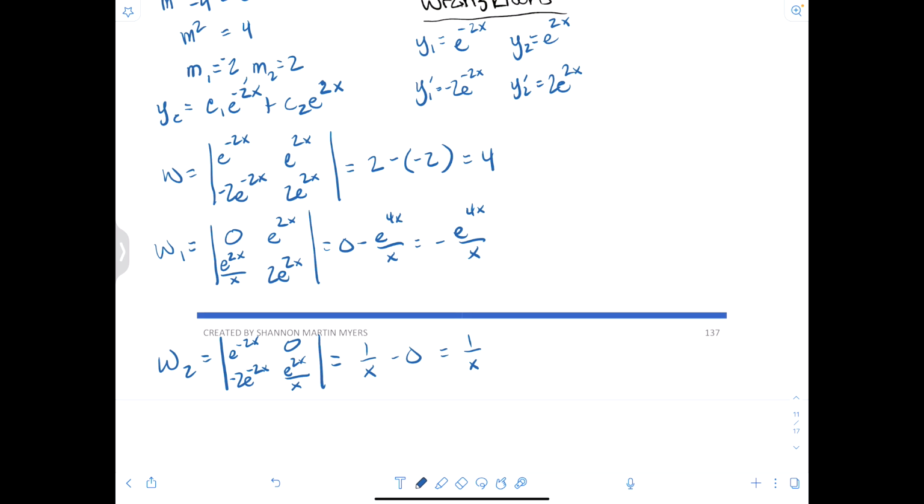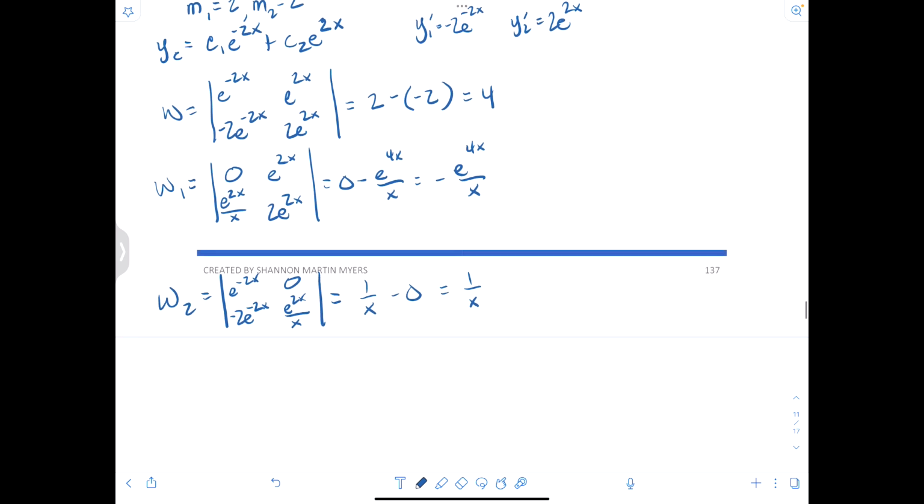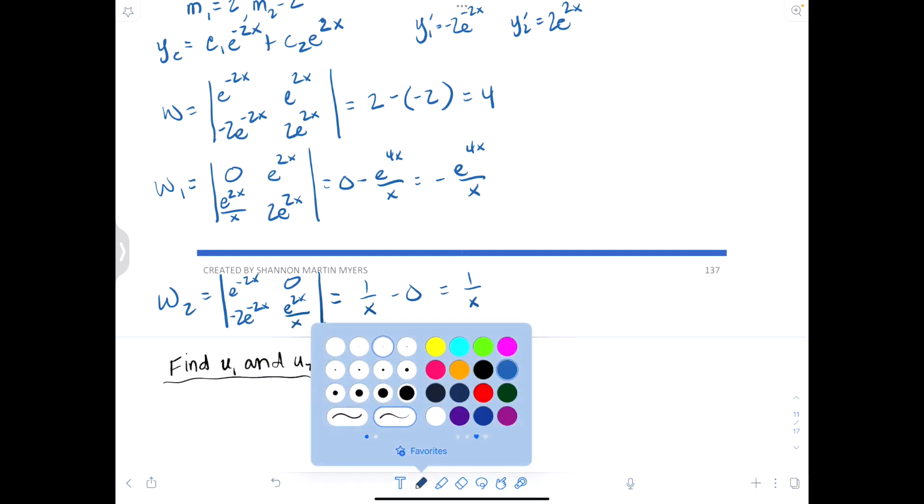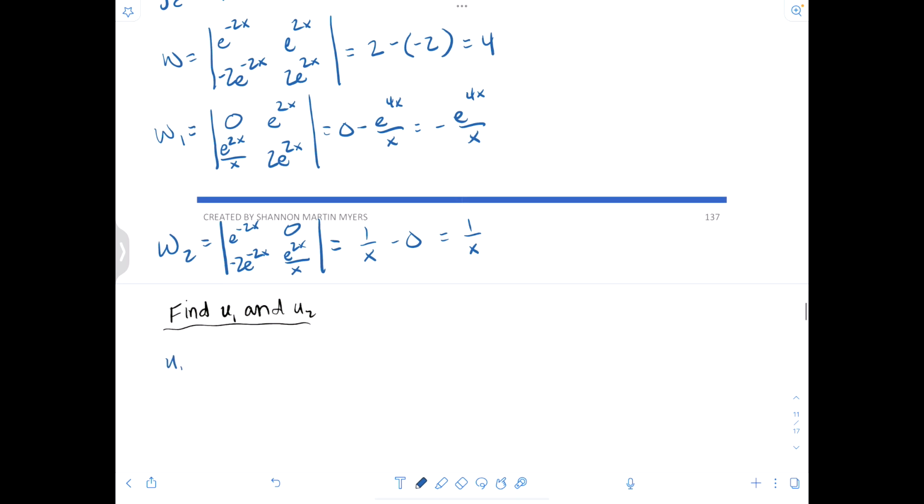So now, to find u1 and u2, u1 prime is w1 over w, which is negative e to the 4x over x over 4, which will be negative e to the 4x over 4x.